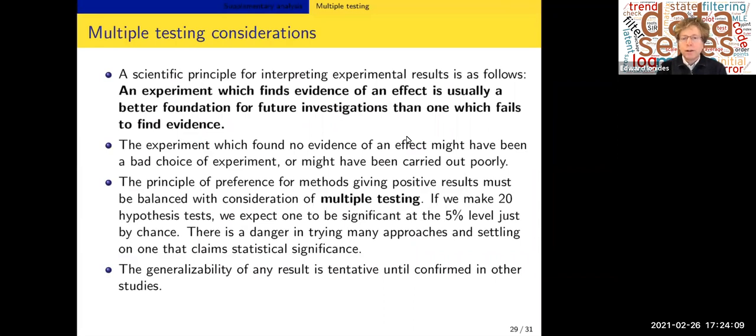Well, this raises a question: is it fair game to try many different models and methods and look for the strongest relationship and report that one? Now, there's a clear hazard to doing this, which is called the multiple testing hazard.